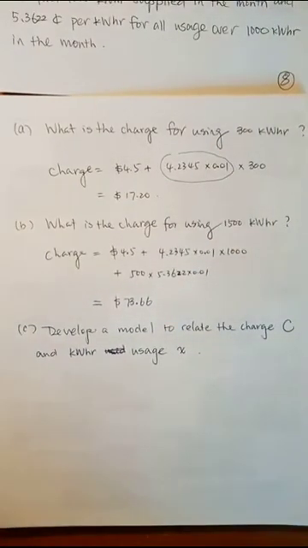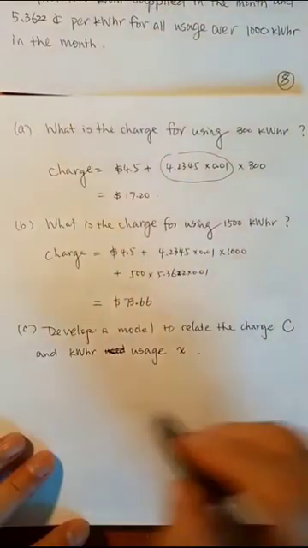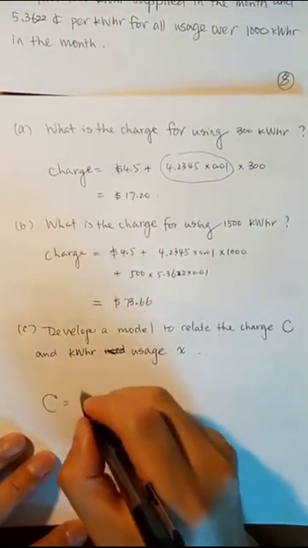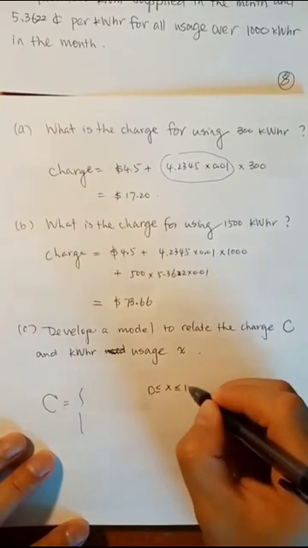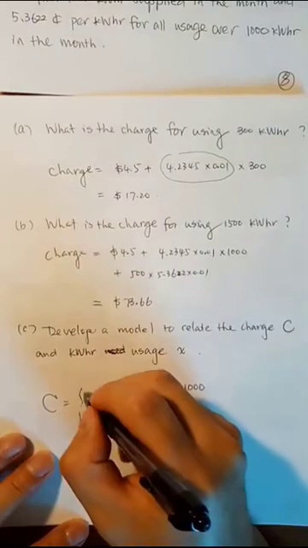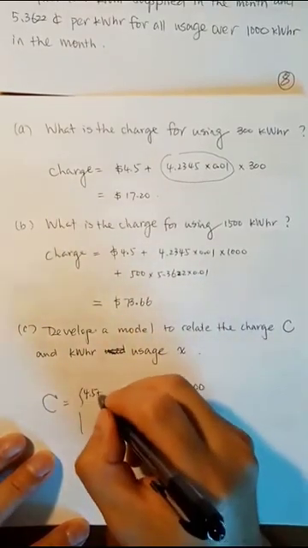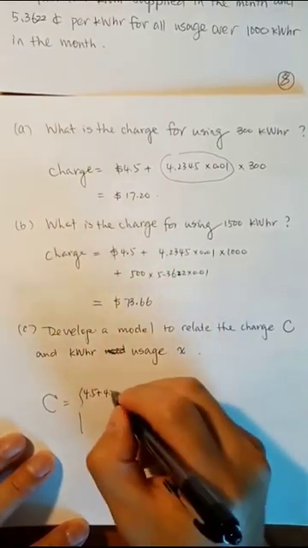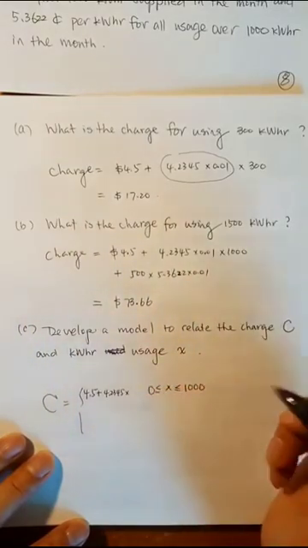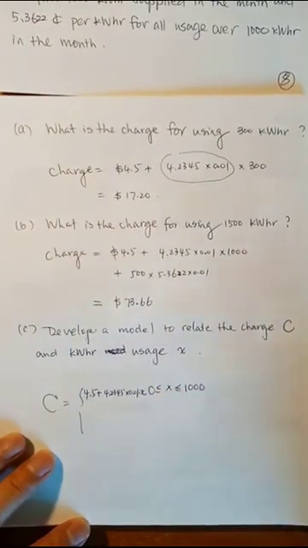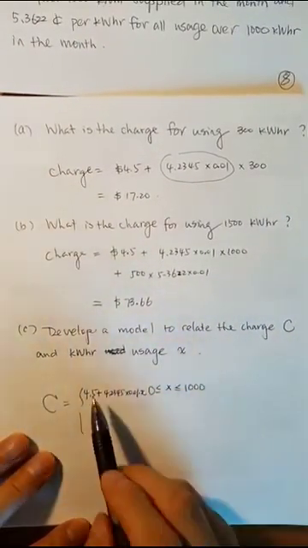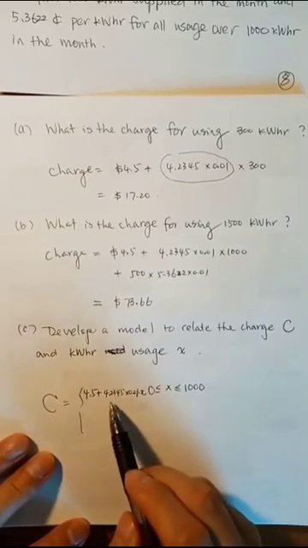Okay, so we are going to develop the general formula. How do we study it? The charge is, if it's less than 1,000 kWhr, you have the 4.5 fixed fee plus 4.2345 times 0.01 times x. So if you use less, you have the fixed fee plus the cheap price times the usage.